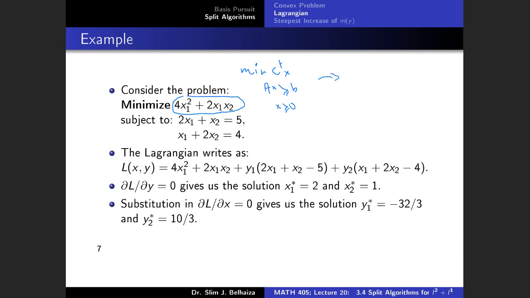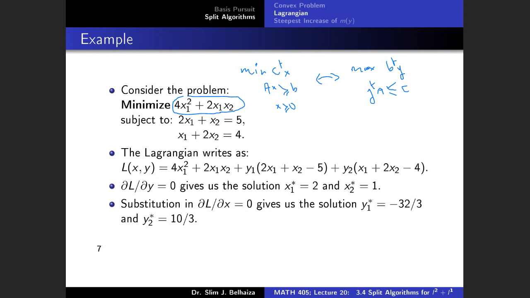then the dual would be to maximize b^T y, such that y^T A is less than c, with y also positive.